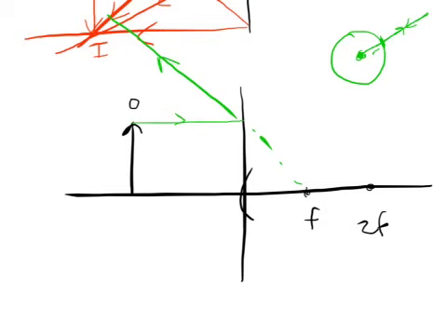So that's why we can say any ray that comes from straight down here, like where the base of the object is, will reflect in the same direction. So you could dot it back, and that would show you where the base, somewhere along that axis, will also be. But what we're dealing with here is the top of the object, because that's where we need to find the image.